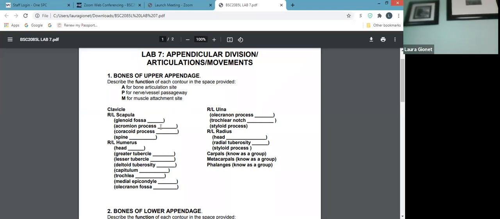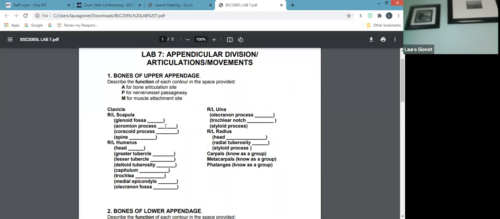Then we have the acromion process that articulates with the clavicle. So we're going to call that articulation. It's not like some muscles don't attach there, but the primary function of that acromion, and maybe we should just call it the acromion and not the acromion process, is that it forms a joint with the clavicle, the acromioclavicular joint.